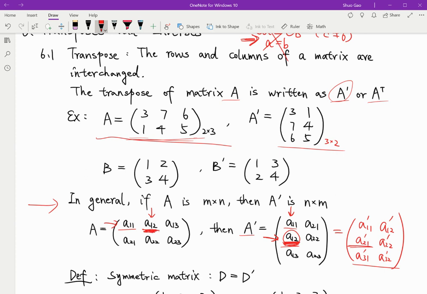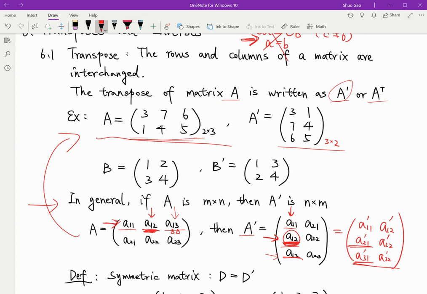So this element becomes the second row and first column element. And A13 lies in the first row and the third column. If we transpose that, it becomes the third row and the first column. The position of the row and column are changed from A13 to A31 prime. It's the same number, but in a different position, right?